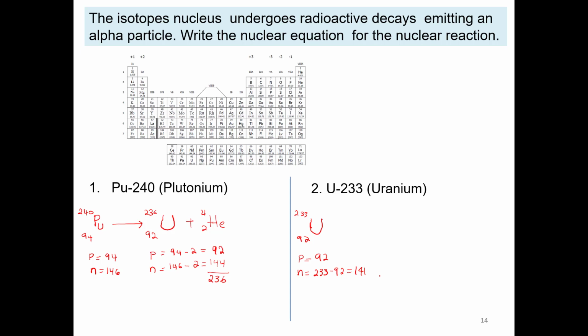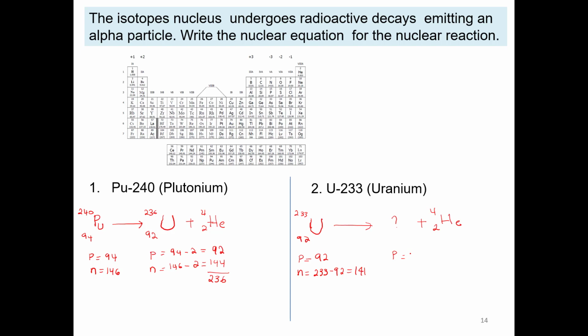Next, 141. Then here what we had is something that we don't know, plus an alpha particle. We know the number of protons will decrease by 2, because uranium, to be more stable, releases 2 protons and 2 neutrons.